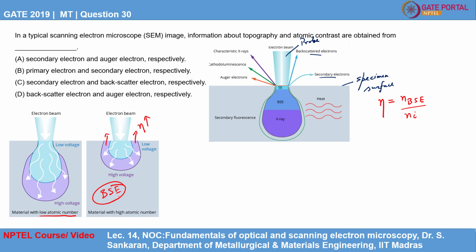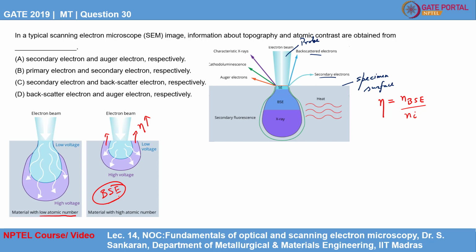And this topographic contrast occurs because of two effects: the trajectory effect and the electron number effect. The trajectory effect arises from the variation in how the specimen surface is oriented with respect to the detector. That means the electrons emitted from a specimen surface which is facing the detector will be collected abundantly, and the corresponding sites in the image will appear brighter.